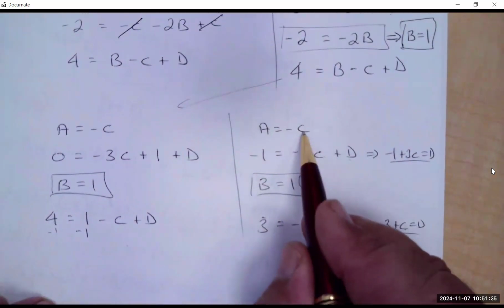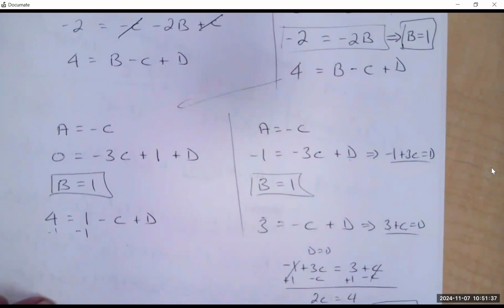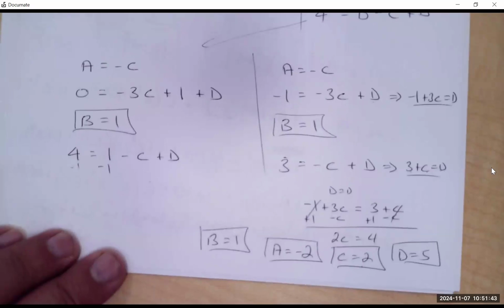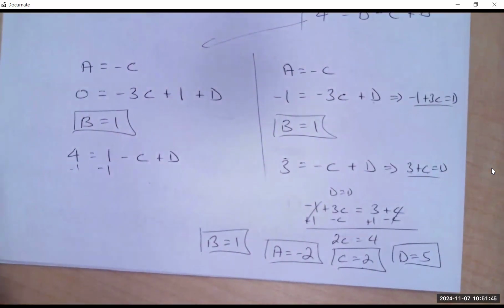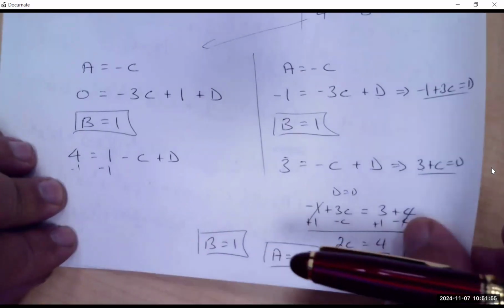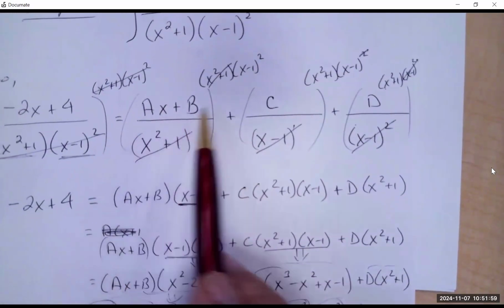And if C is 2, then A is equal to -2. We've just labeled A, B, C, and D. And where does all that stuff go? All that goes here, A, B, C, and D.